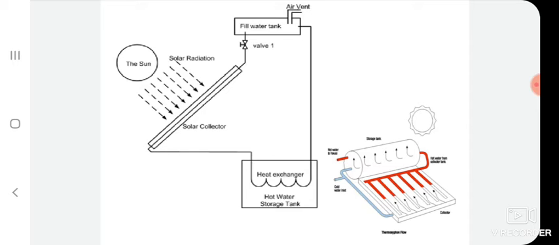It mainly consists of a thermal panel or a solar collector, which is used to collect solar radiation coming from the sun and is installed on the roof, a tank used to store hot water, a circulating pipe to carry the solar energy from the collector to the tank, and a thermal regulator. These are the components which are used in a solar water heater.